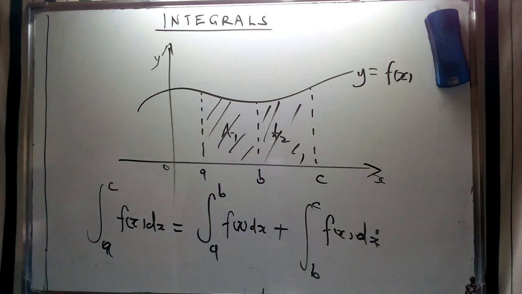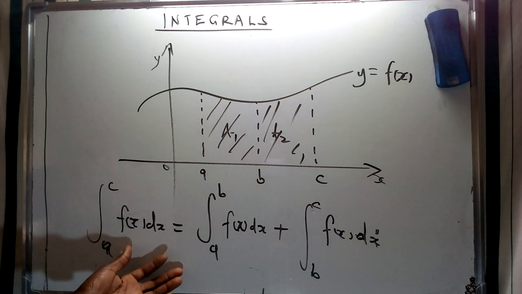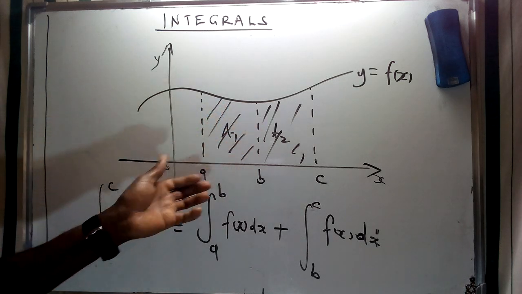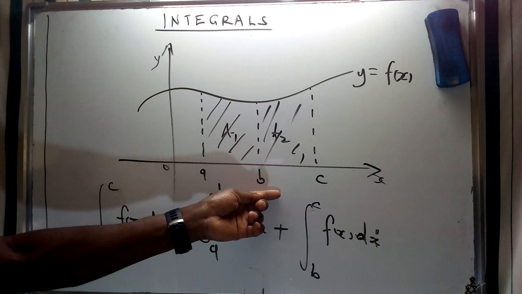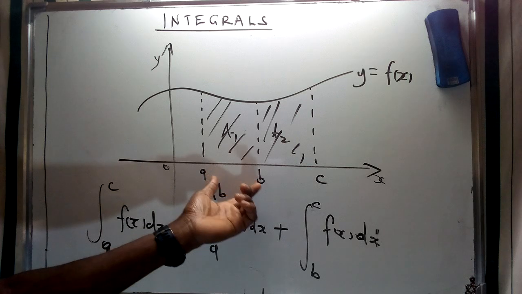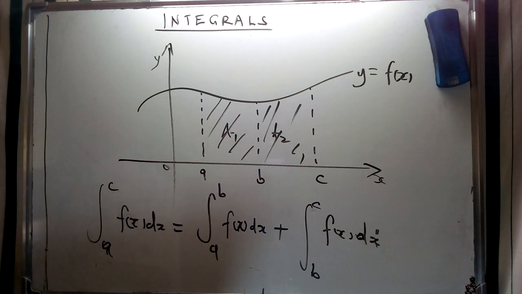What is basic for us to remember is that in case we have a function over closed intervals, the value of an interval can be given as a summation of the individual intervals in between, and that gives us a general representation for that interval.